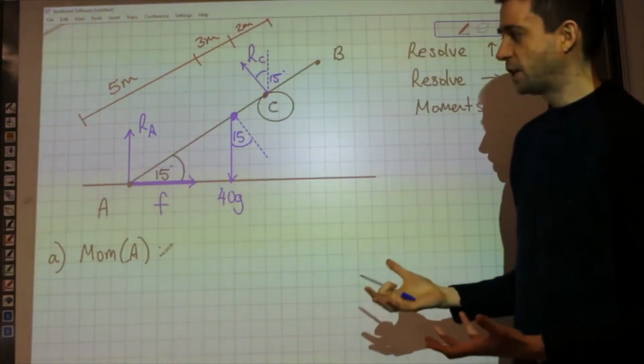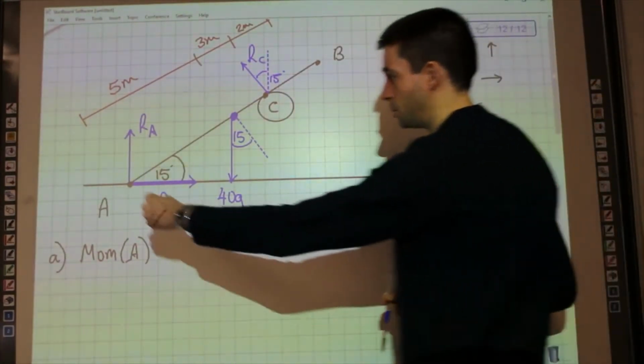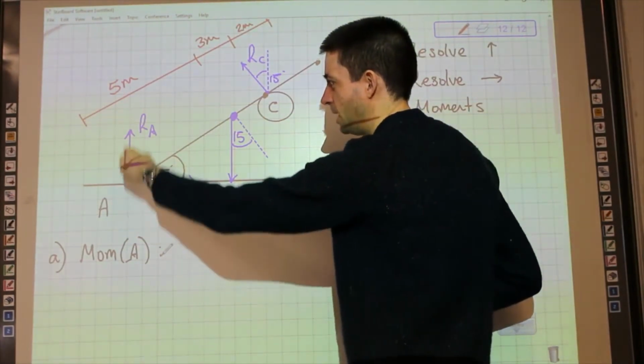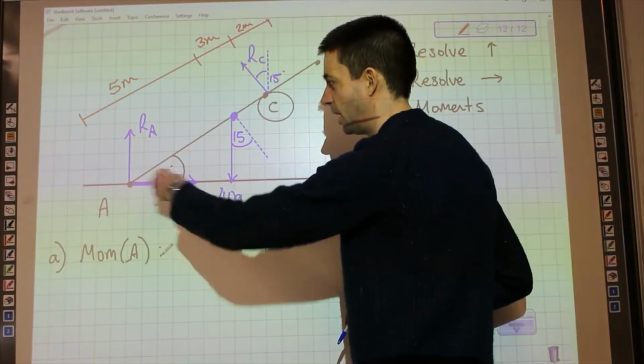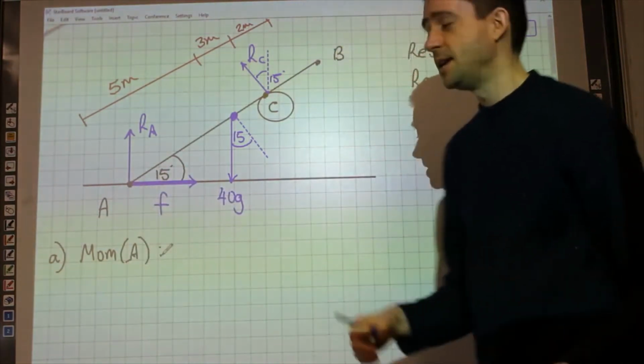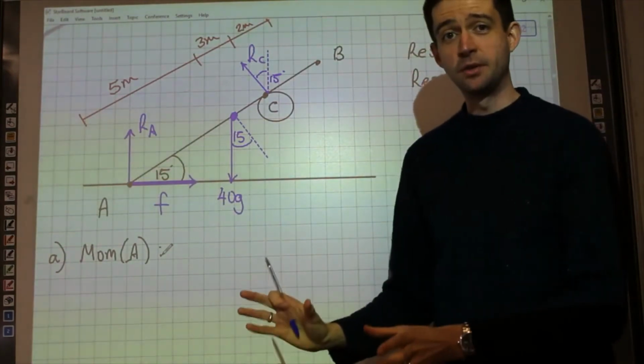Well, when you take moments about a point, you can ignore any forces that are acting at that point, and because at the point A I have an unknown reaction force and I have an unknown friction force, by taking moments about A, I've eliminated two forces that I don't know straight away.